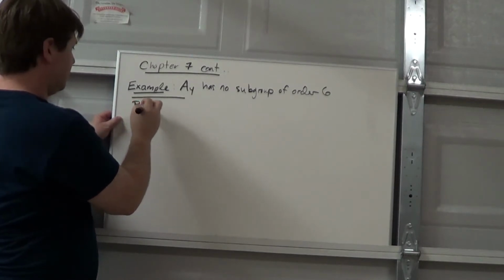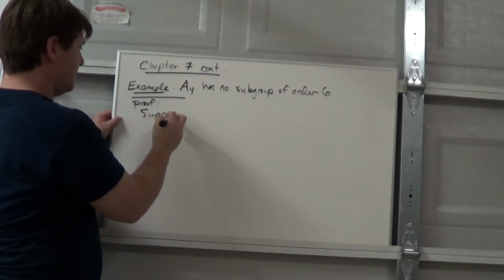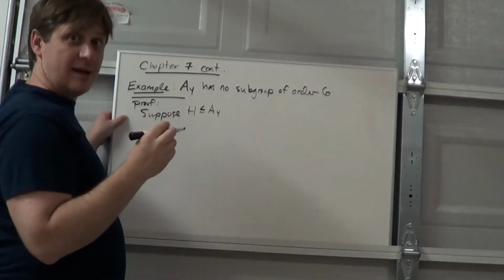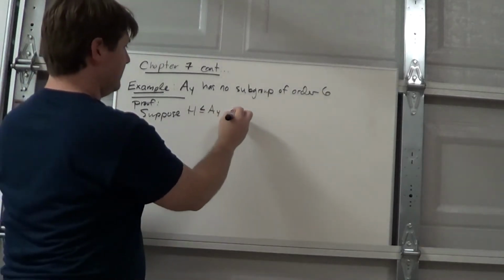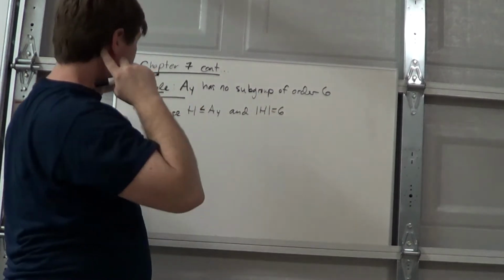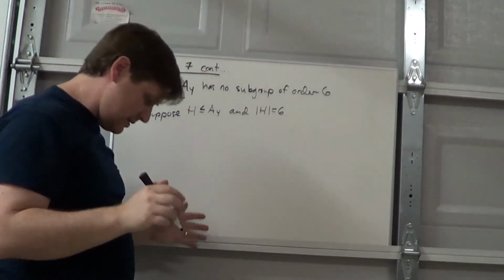Proof. Suppose H is a subgroup of A4 and has order 6. Okay, so we're going to try to prove by contradiction, right?